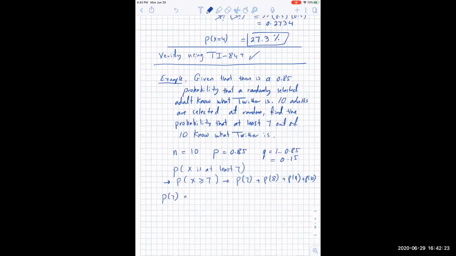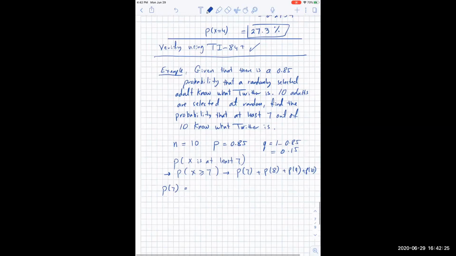In this case, we're going to use our calculator. So binomial PDF, 10, probability of success 0.85, and then X, which is 7. So you're going to put n, p, x.